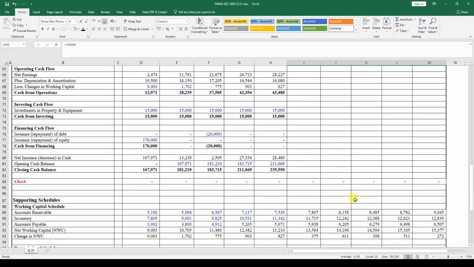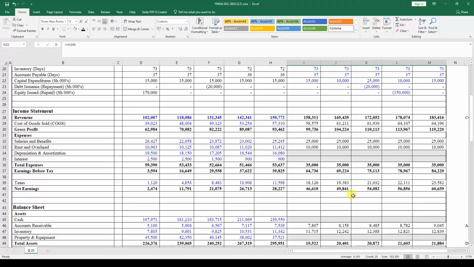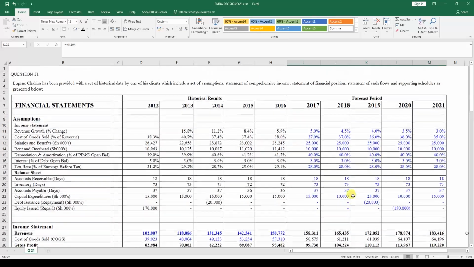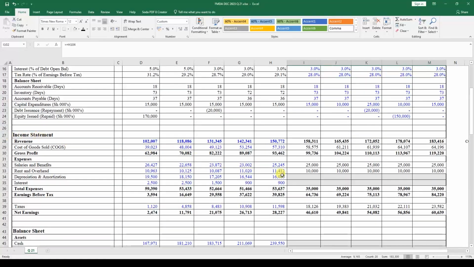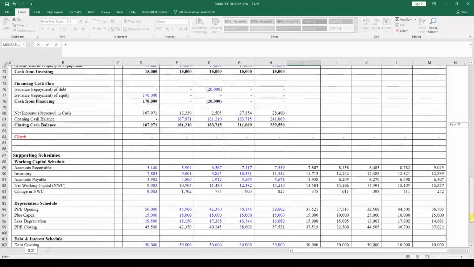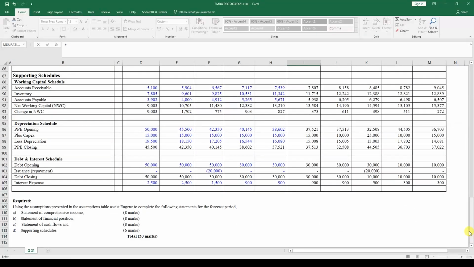But first, let's go back up and start all over again from the income statement here and fill out what is missing. We have the depreciation component, so we link it with the ones in the supporting schedule. So we go down on here, and you can see the depreciation is given to us over here.